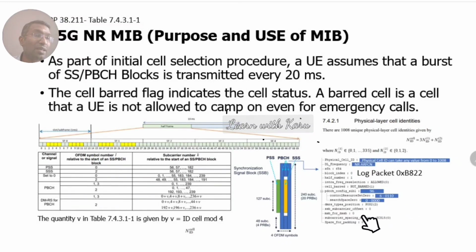Okay, and the subcarrier spacing common tells what is the subcarrier spacing that is used for the CORESET as well as for message 2 and 4. So utilizing that, the UE will read the remaining minimum system information, where it will find the PLMN information and find whether it's a suitable cell to camp on.